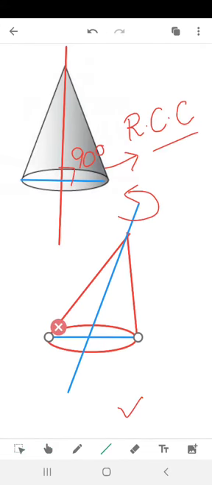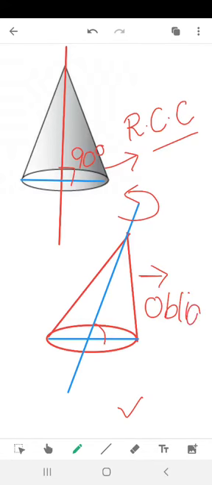Okay, so this is the diameter, and now I can see that the axis and the diameter are not perpendicular to each other. They are not making a 90-degree angle. So this is not a right circular cone. This is called what? An oblique cone. The same way we talked about cylinders, this is an oblique cone.